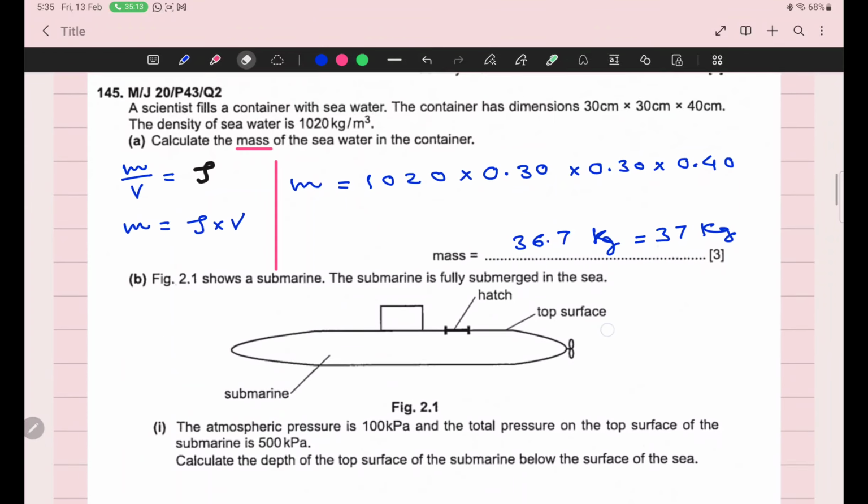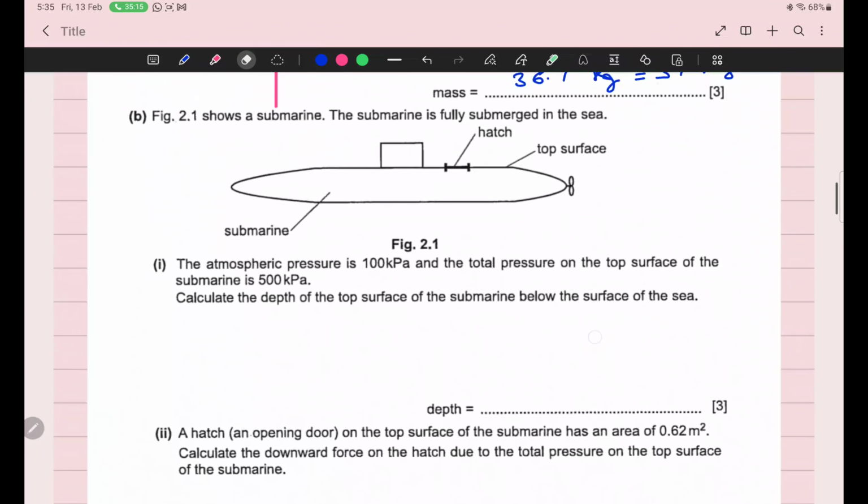So first we have calculated mass, and now the question is, there is a submarine, and this submarine is fully submerged in the sea. The atmospheric pressure is 100 kilopascal. The total pressure is 500 kilopascal.